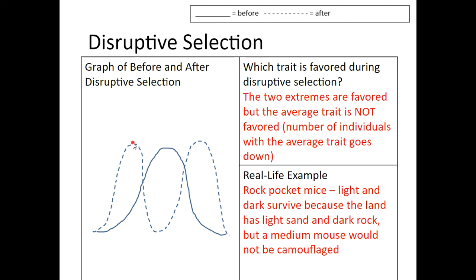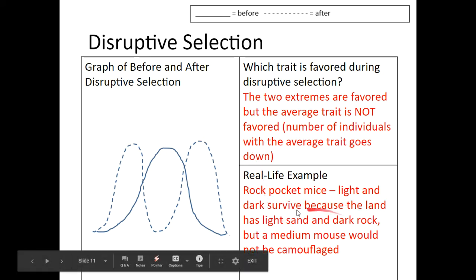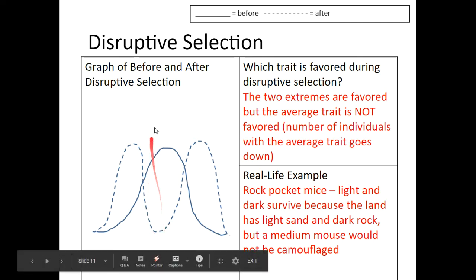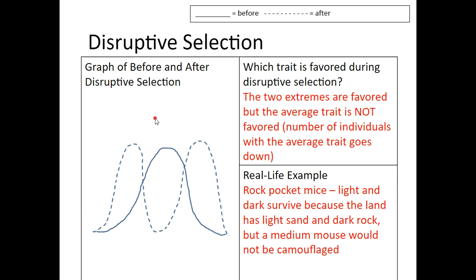But the light and the dark colored mice blend in with at least half of their environment, so they survive at a higher rate, meaning the environment is selecting for the light and dark colors and selecting against that medium gray color. So in disruptive selection, the trait that's being favored is both extremes.